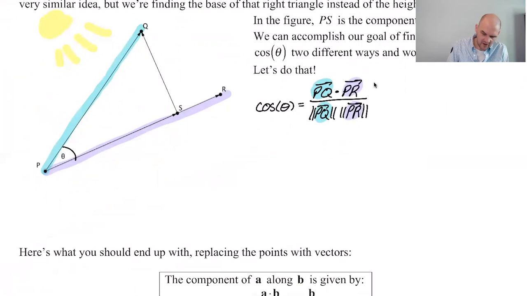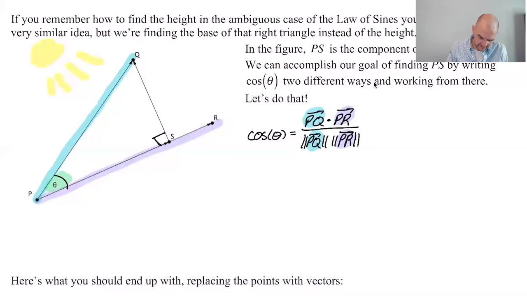All right, I also know from the right triangle here that cosine of theta is going to be PS over the hypotenuse.